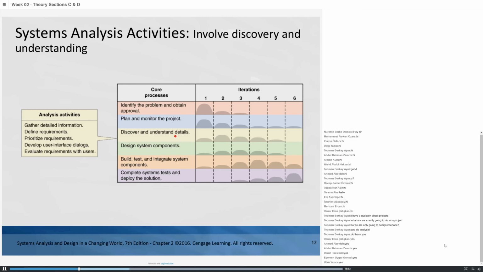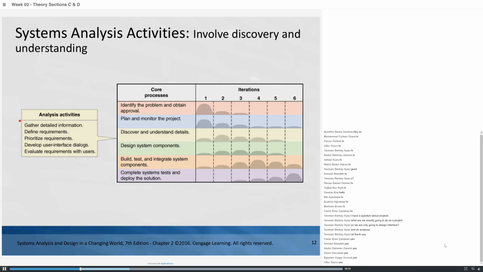So today we are at the analyst part. We need to understand the requirements and constraints of the project. It is performed by a set of activities. Let me talk about them.